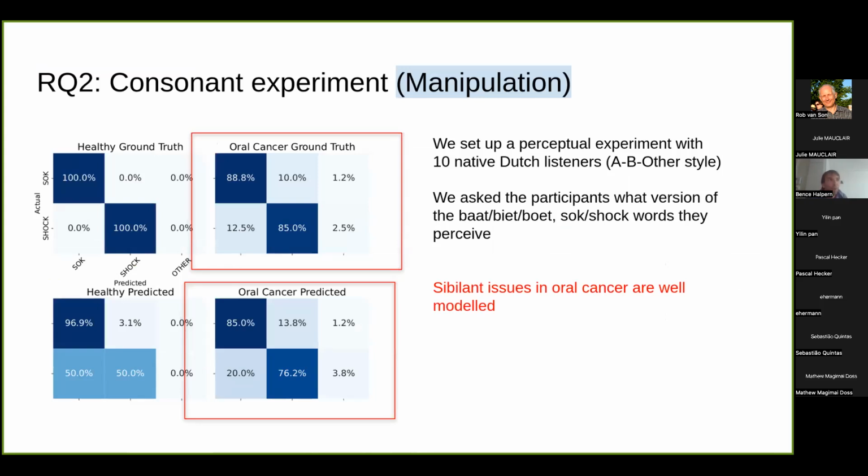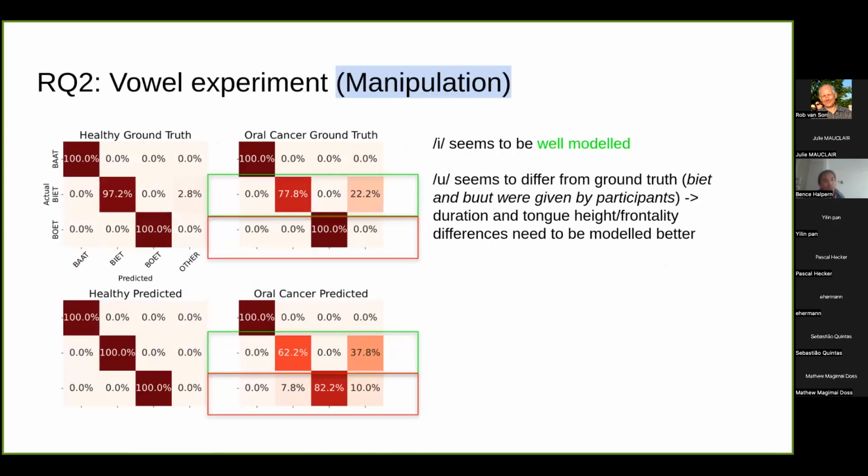We have also run some perceptual experiments, but I'm running out of time, so I'm not going to go into much detail. The idea is that we found that the articulatory synthesis produces problems in the consonants and also in the vowels, which are the same as in ground truth speech.